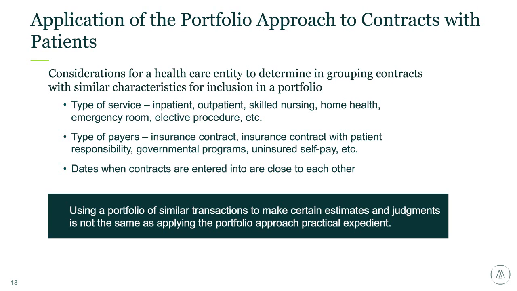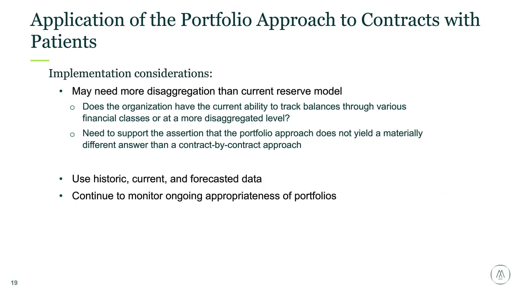If you believe that you have a class of patients that is homogeneous enough to establish a meaningful collection percentage, you definitely want to consider using the practical expedient of accounting for those contracts under the portfolio basis as opposed to individually, which I think kind of leads to the next question, which is, are my payer classes that I currently have effectively my portfolio? And the answer to that, of course, is maybe.